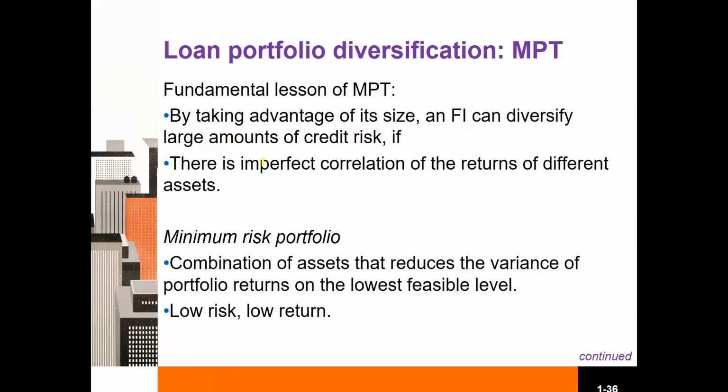As a result, the overall riskiness will be lower compared to the weighted average riskiness of the individual assets. What is more important from an overall loan portfolio point of view, rather than looking at the individual loans' risk, is to look at the contribution of individual loans to the riskiness of the overall portfolio, because that is more relevant.